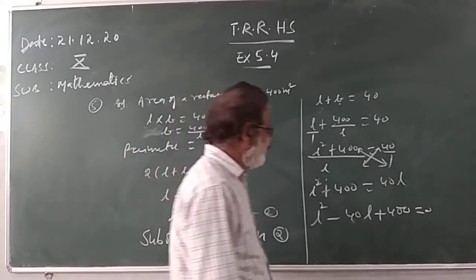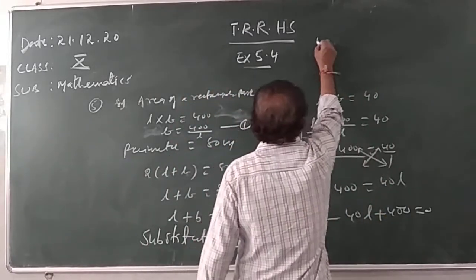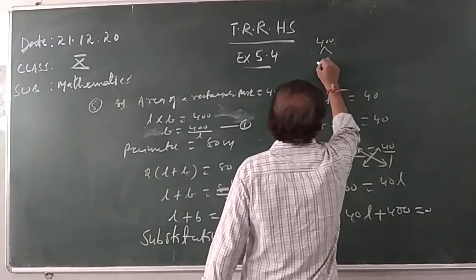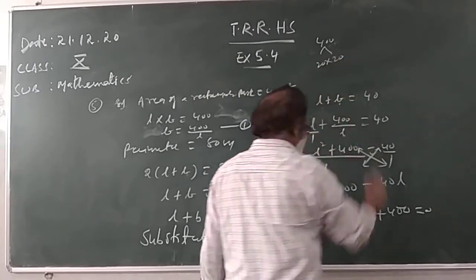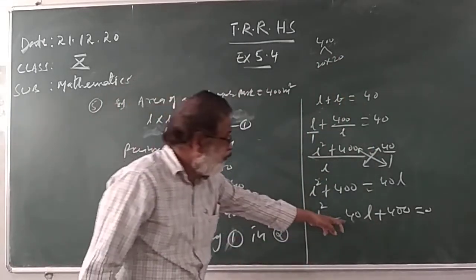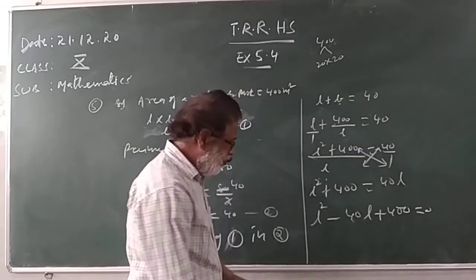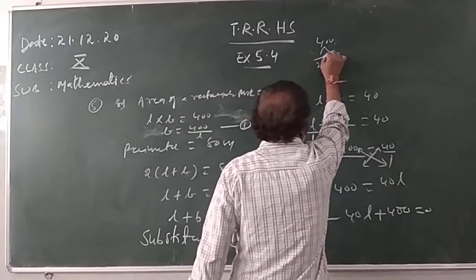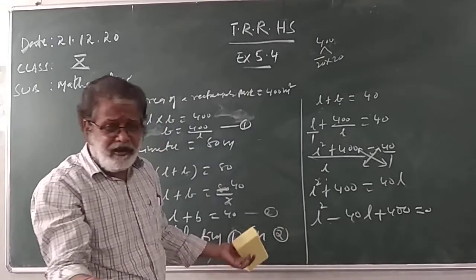Just split 400 into factors. You know how to split 400? 20 into 20 is 400, such that the sum of them will be 40. 20 plus 20 is 40. The middle term sign goes to the greater factor; as both are equal, we can give anything.